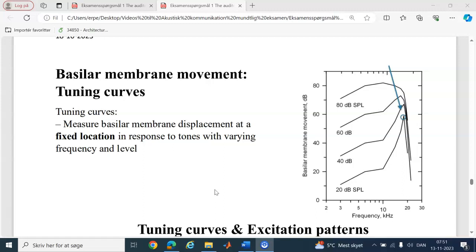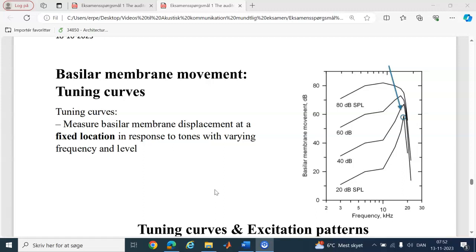when the decibel level, the pressure, is growing, the curve has this form with a maximum at some frequencies, but this maximum frequency is going to be lower when the dBs are increased a little bit.